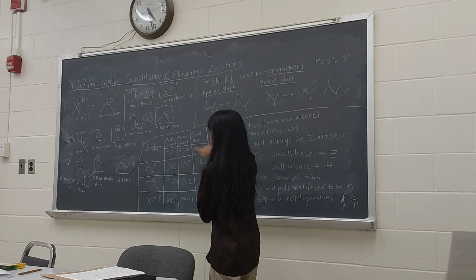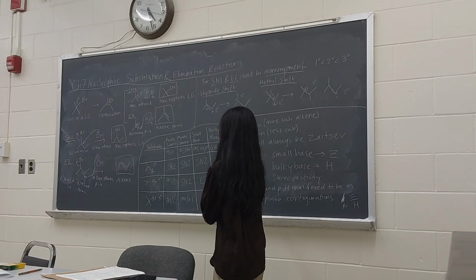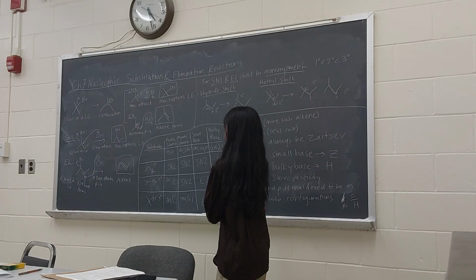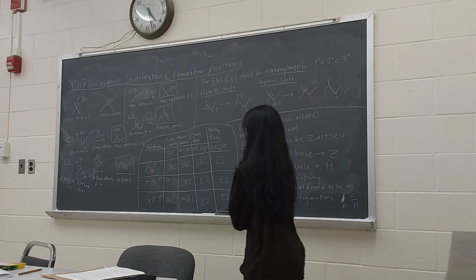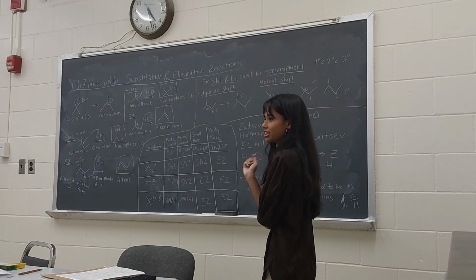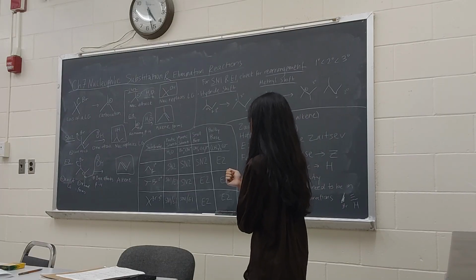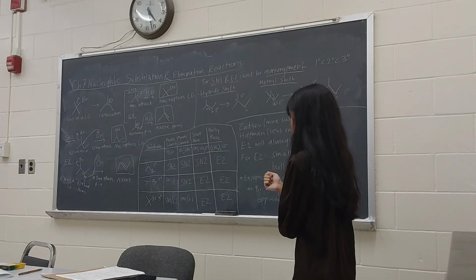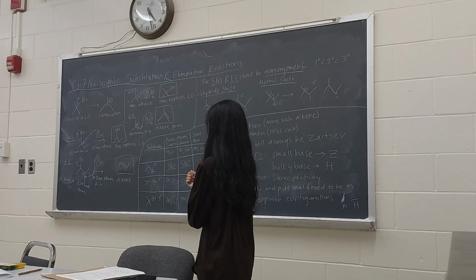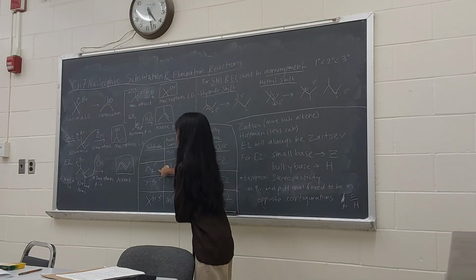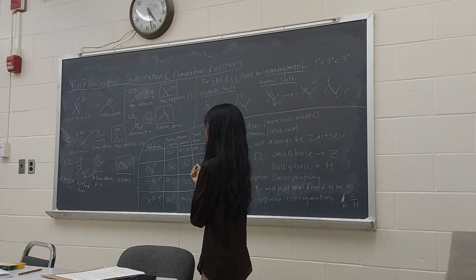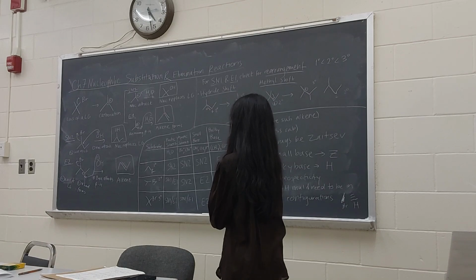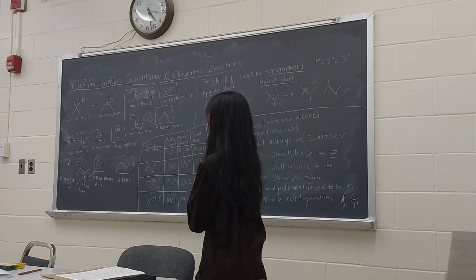Small bases, generally it'll be OH minus or CH3O minus. And bulky, (CH3)3CO minus is the most common one that I've seen. I think that's the only one it's going to be on this exam. So for the primary, the Br would leave, right? And if we put it in a protic solvent, it would have an OH instead? Yeah.